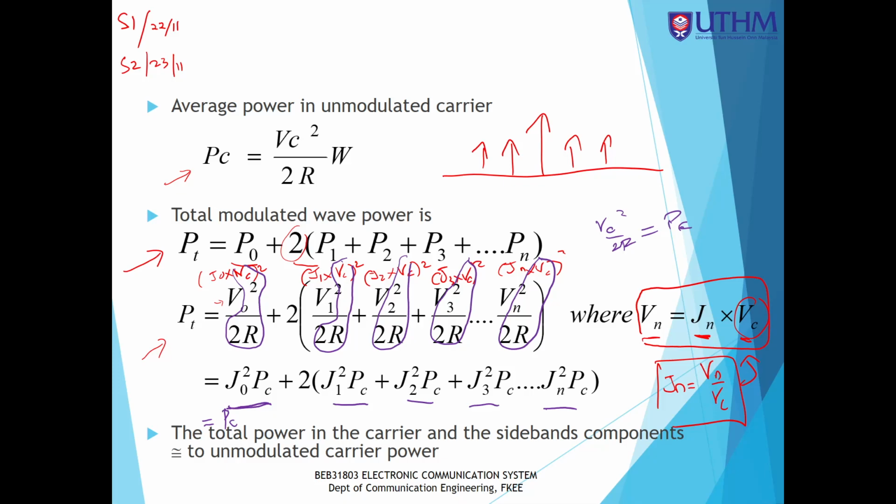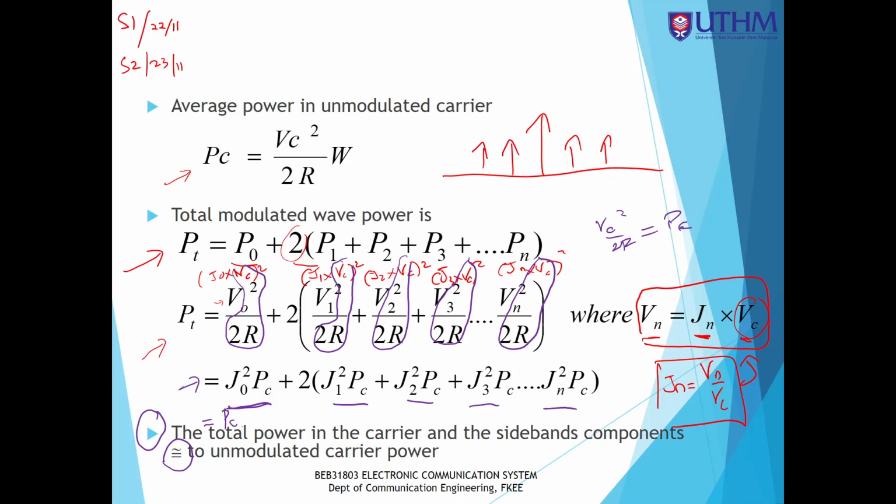And if you use the Bessel table in your notes, you're going to get values slightly different. So that's why it uses the approximate over here. Why? In this slide it shows that when you use this complete equation and compare with the carrier power, you get a slight difference in terms of decimal points.